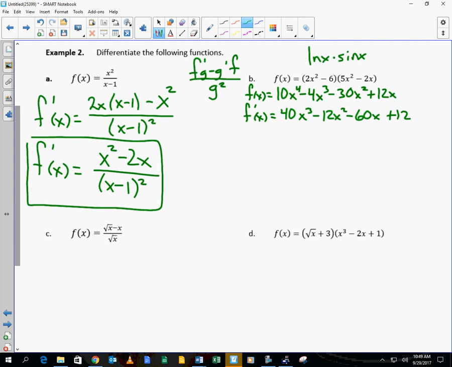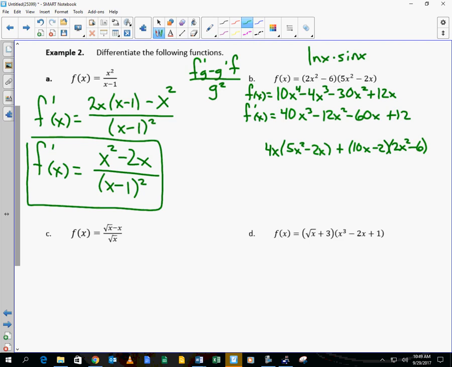So I'm going to choose f to be 2x squared minus 6. I'm going to choose g to be 5x squared minus 2x. So derivative of f is 4x times g plus derivative of g, 10x, times... it's called a binomial.